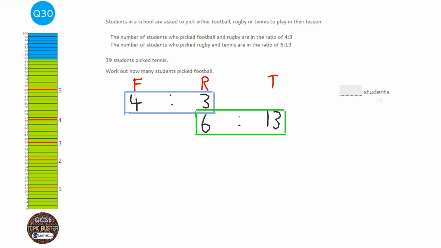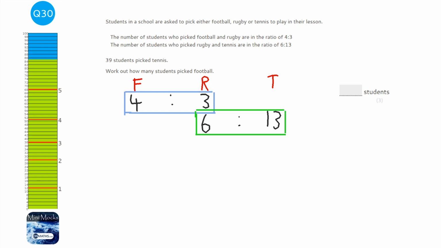What I'd like to be able to do is put the 2 together and make just one ratio. So if you notice from the one I've put a blue rectangle round, we've got the rugby as 3 parts of that, but in the green one, the rugby is 6 parts of that.